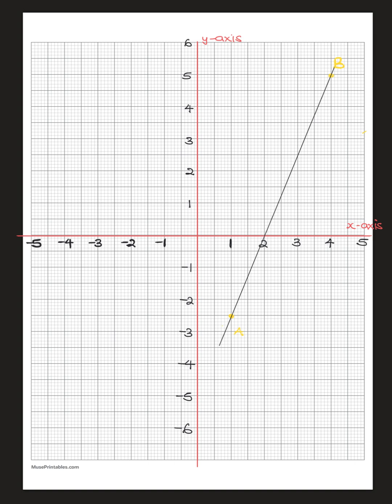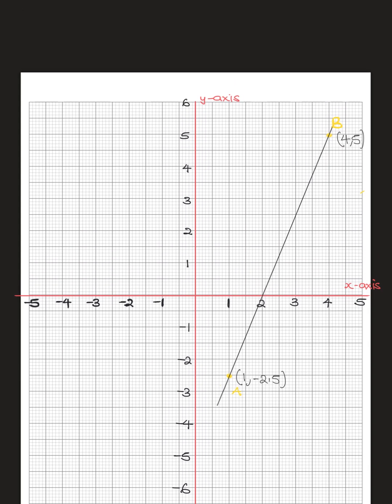Now, if we should write down the coordinates again, for point A, x is 1, y is minus 2.5, and for point B, x is 4, y is 5. So that is the linear graph.